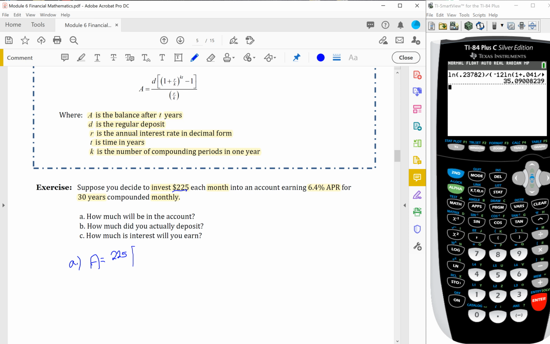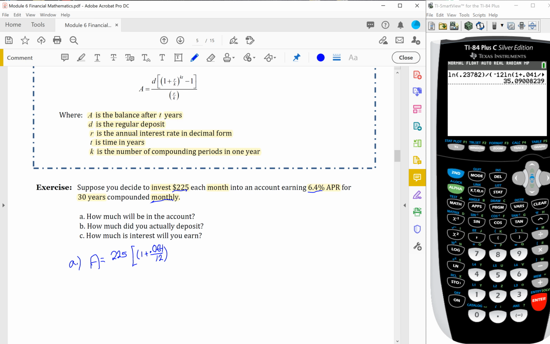Times a bracket. 1 plus your interest rate R, written as a decimal. So ours was 6.4%, so 0.064, divided by K, which is going to be the number of times you compound per year. We're compounding monthly, so divided by 12.